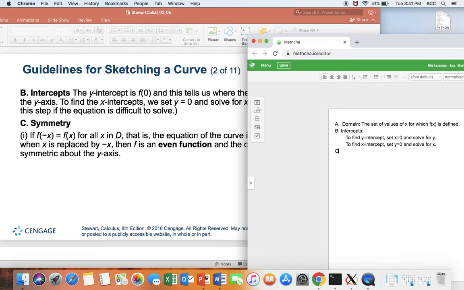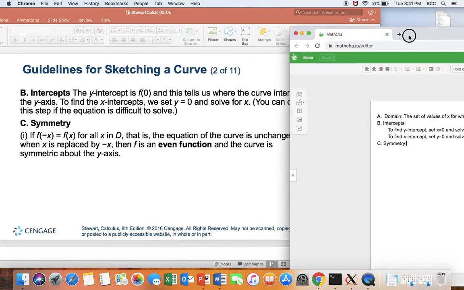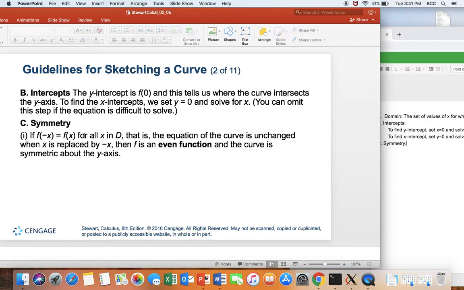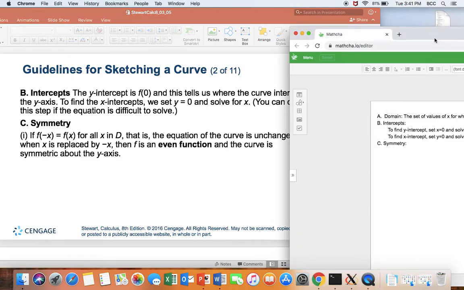Okay? C. Here we look for symmetry. Whether your graph is symmetric, and which way it is symmetric. All right, let's understand this. If f(-x) is the same as f(x), such a function is called an even function. Okay, when we change the sign of x and yet get the same value, in such cases the curve is symmetric about the y-axis.